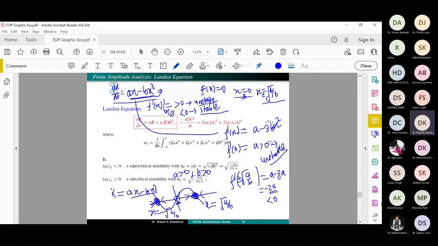So the same thing: first we have to consider the critical points, that is xb and x plus. At that critical point, whether the derivative f dash x is positive or negative will decide the stable or unstable point.